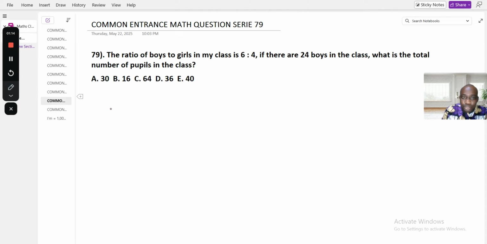Firstly, what you need to do is add the total of the ratio together. 6 plus 4 equals 10, isn't it? Now this 6 is for boys and this 4 is for girls. And the question said that if there are 24 boys in the class, what is the total number of people in the class?